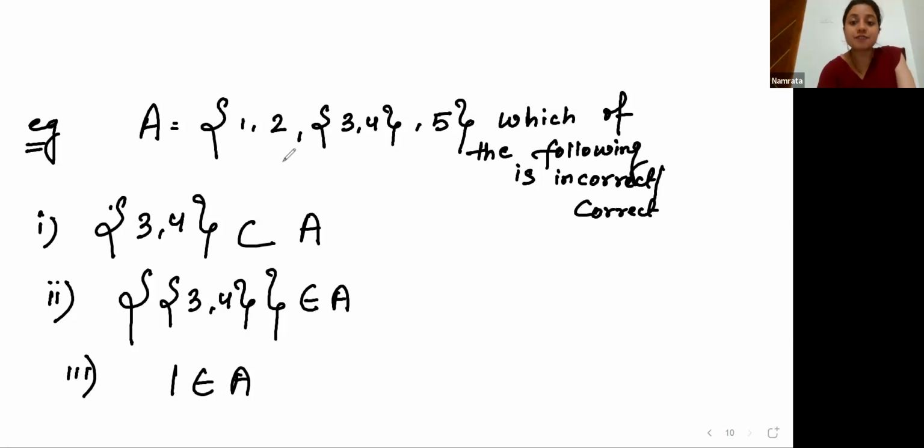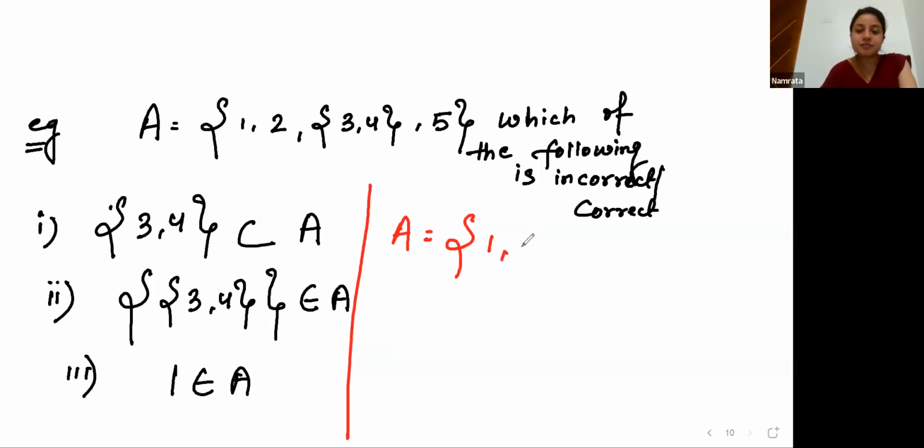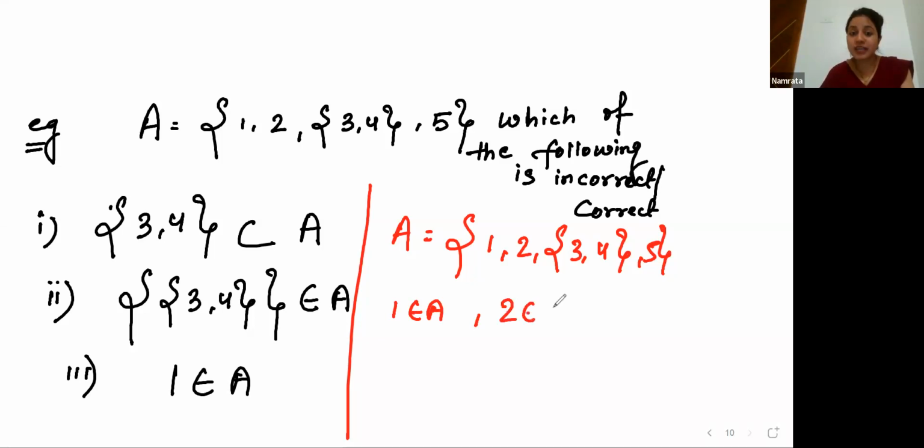So what I said, the definition of set says that, let's focus on set A. A has these elements 1, 2, 3, 4 like this, and then 5. So 1 belongs to A. Similarly, 2 belongs to A. Now please don't separate 3 and 4. It's already combined and we will treat it as a single unit. So let's write it together.